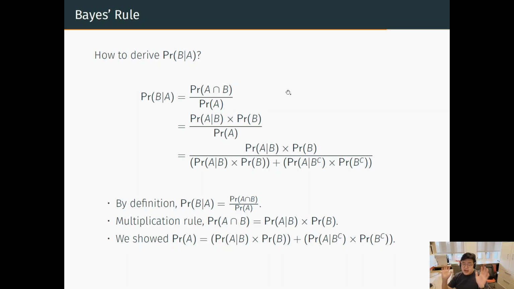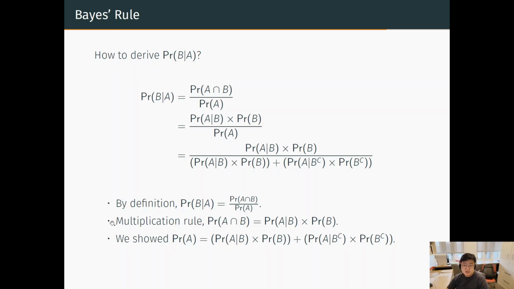Actually the mathematical derivation is slightly different. I just went through a longer way to show you the intuition, but the mathematical derivation could be easier. The definition of conditional probability is this. And the numerator can be written this way by the general multiplication rule.